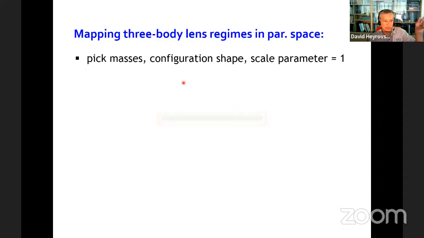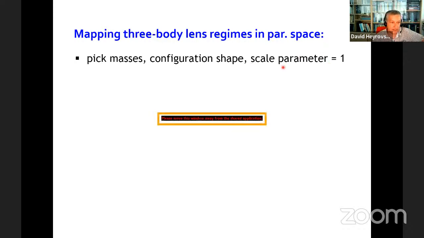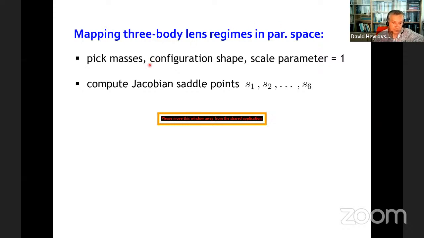So you take some shape of a triangle in the projected configuration, and you take some scale parameter, that means some size, or, let's say, the distance between two components or something like that, equal to 1. You compute the Jacobian saddle points. There is a simple polynomial formula for this. And for the three-body lens, you can get up to 6 different saddle points. Of course, some of them can be degenerate, some of them can be equal, but the maximum is 6.